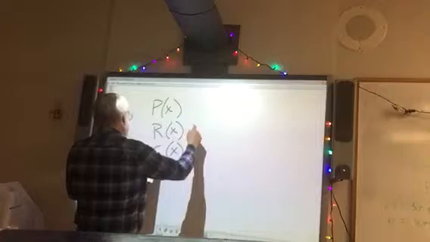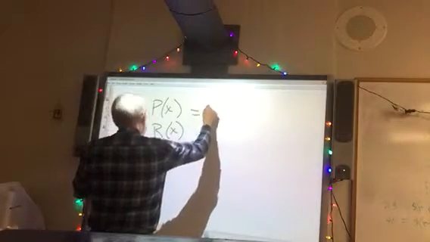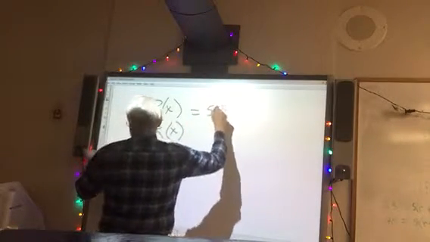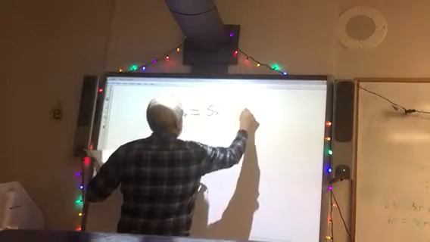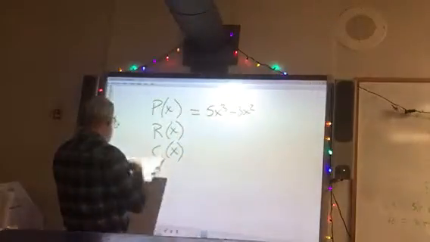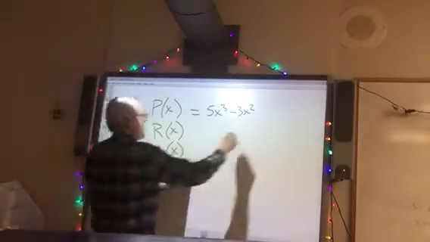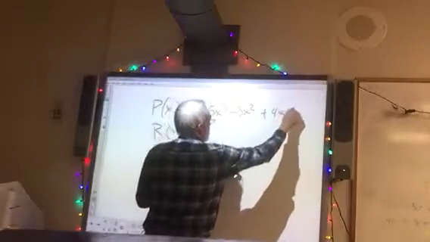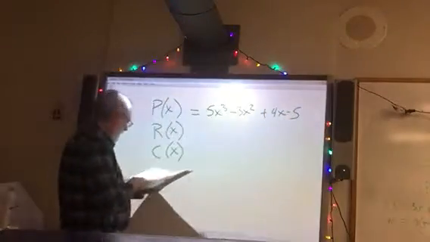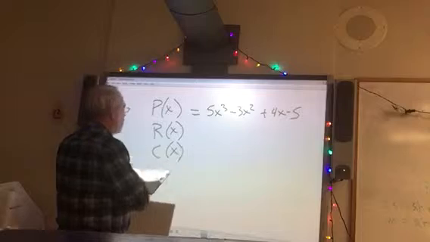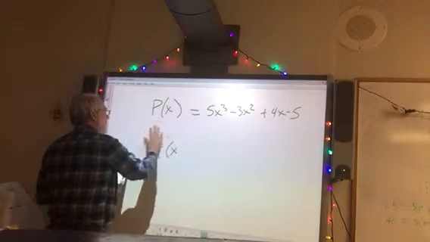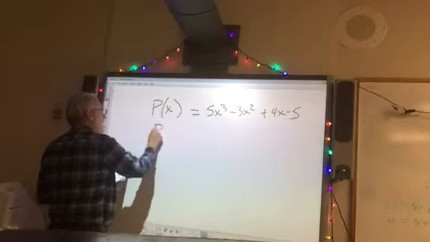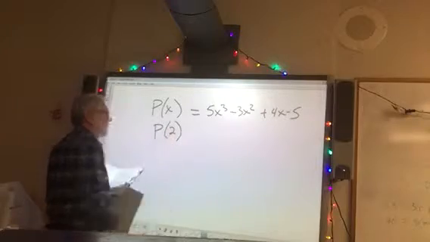We've already seen that. So if we had p of x equal to 5x cubed minus 3x squared, hopefully I'm not blocking it, plus 4x minus 5, and we wanted to know what p of 2 is.